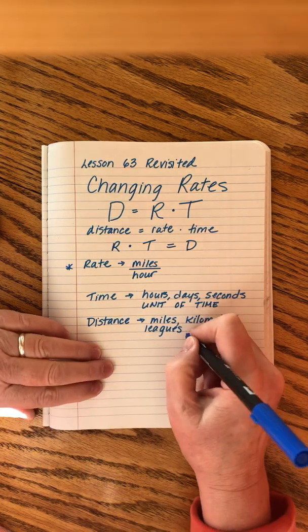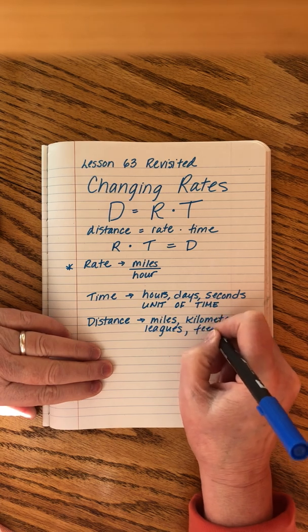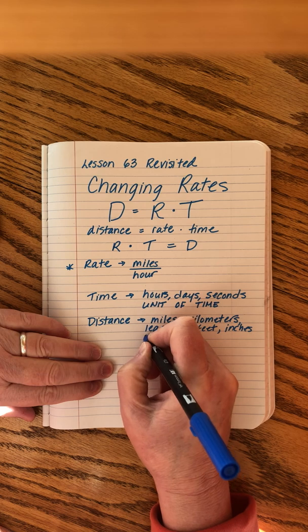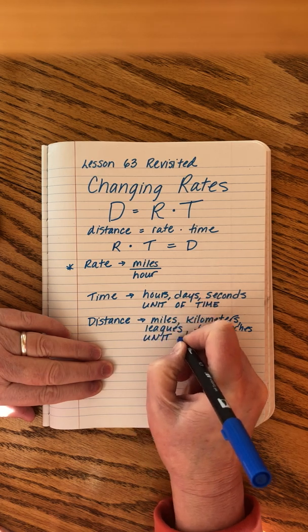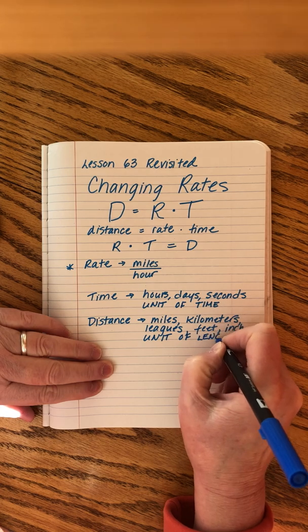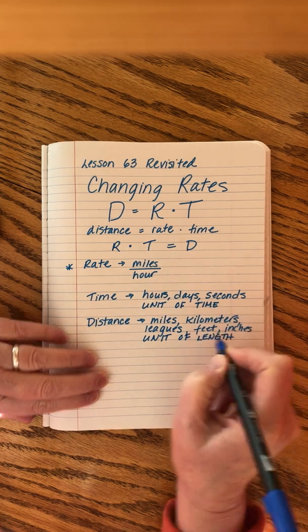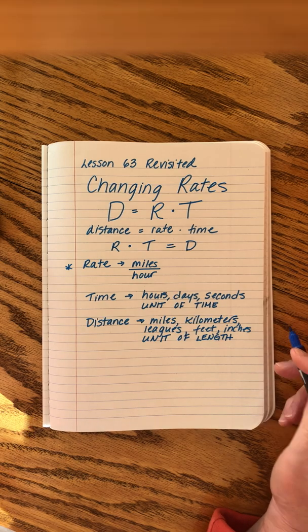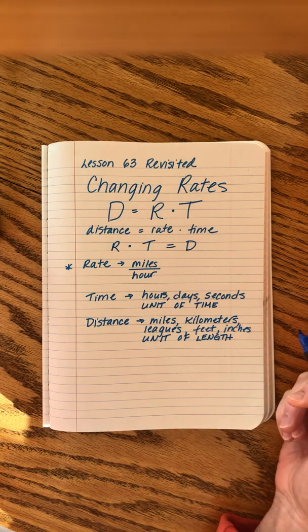It could be feet. It could be inches, right? It can be any unit of length. And thus, distance is quite easy to identify as well because it's a unit of length, right?